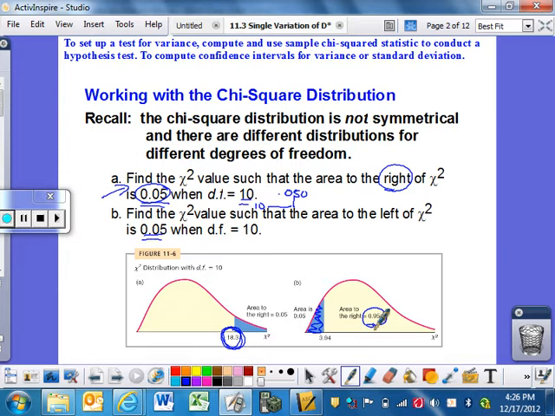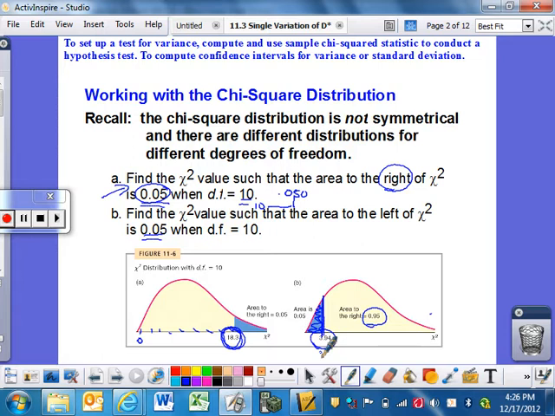So what you need to do is go to 0.95 on the top, still degrees of freedom 10, and you're going to notice that you find 3.94. Because of how chi-squared works, it starts from 0 on this side and goes over to that amount. So 3.94 is relatively close to the left side, and that's the chi-squared that gives you that amount.